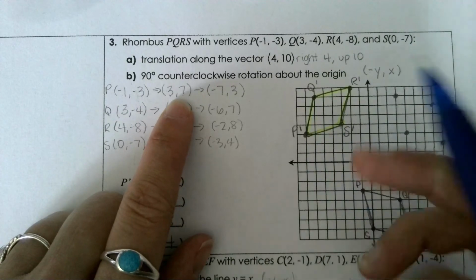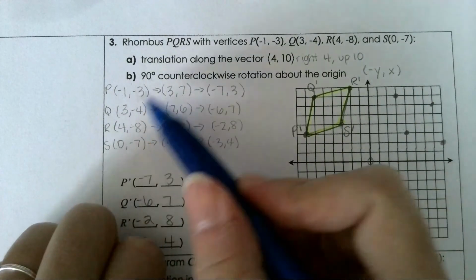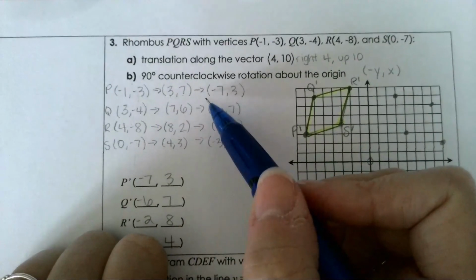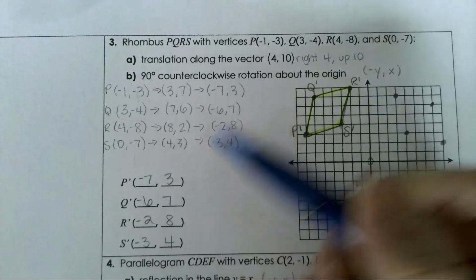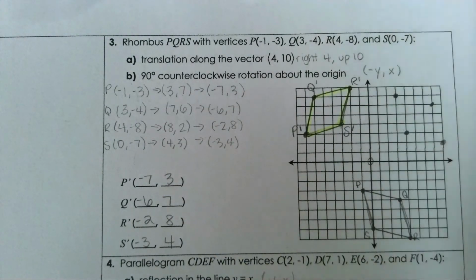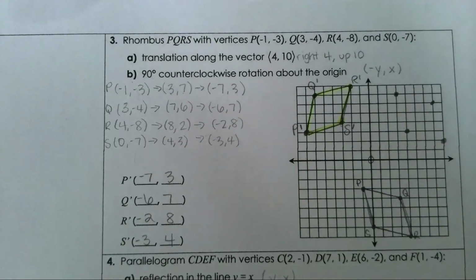So you could perform your transformations to the actual points here, and then this final column is what goes in your final answer, and that's where the final shape shows up. So that's another option that you could do, is to just list them out. Not all of them will be easy.